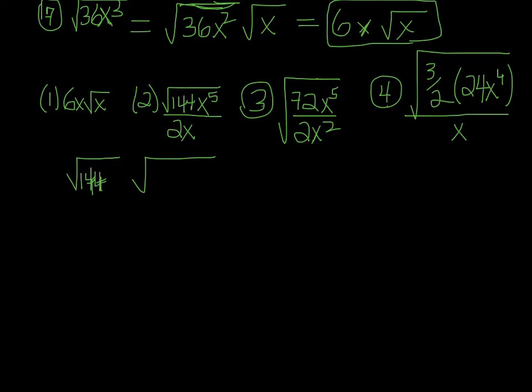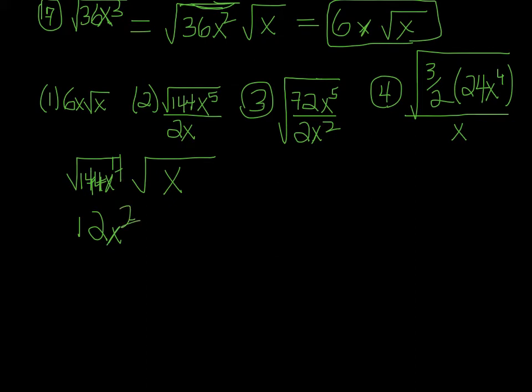Sorry about that. My stylus does not want to cooperate. And then x to the 5th, I can break that down to x to the 4th, and over here, I'm going to put x. I'm sorry that that's so sloppy looking. But the square root of 144 is 12, and the square root of x to the 4th is x squared.